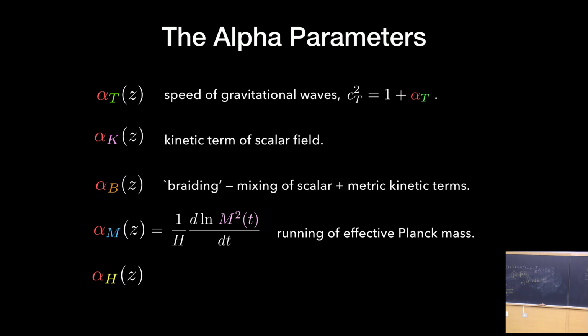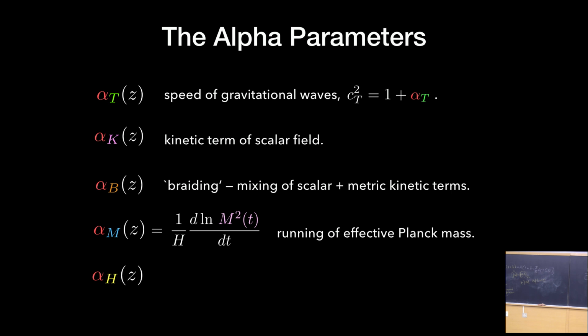It is the run rate of the Planck mass. A lot of these gravity theories can give you what looks like an effective time-evolving strength of gravity, i.e. a time-evolving Planck mass. Alpha M basically quantifies that run rate, where M squared here is the effective Planck mass.